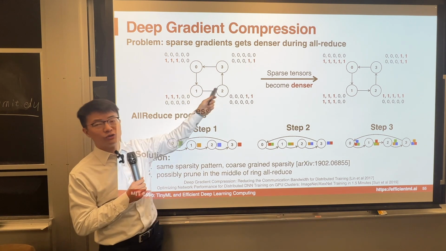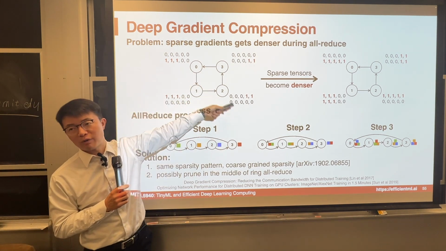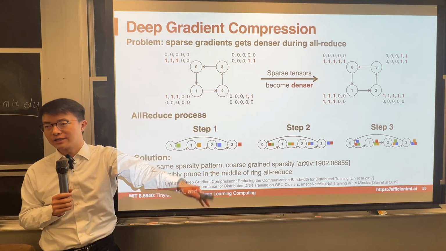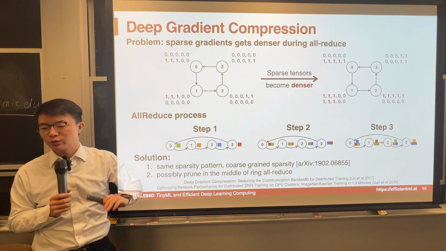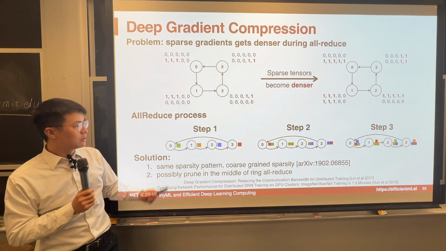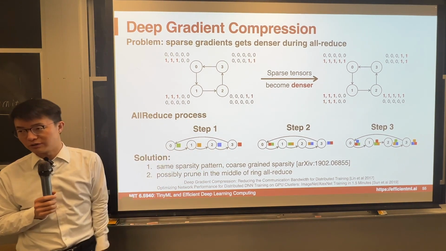Like we have 4 GPUs in this case, and in a ring, they have different sparsity patterns. 1 stands for there is a gradient, 0 means there's no gradient. When we are doing the ring all-reduce process, 0 gives it to 1, 1 gives it to 2, 2 gives it to 3, 3 gives it to 0.